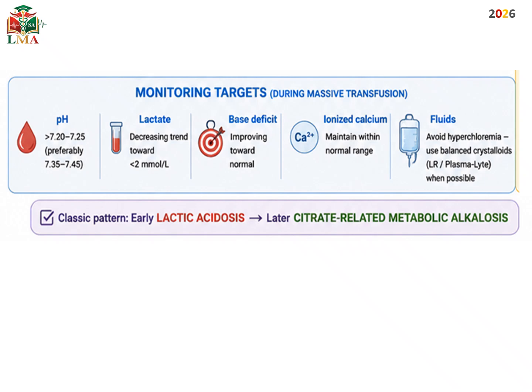Ionized calcium should be watched for any sign of hypocalcemia or hyperkalemia. To avoid hyperchloremia, use balanced crystalloids like LR and Plasma-Lyte when possible. Classical pattern: early lactic acidosis, late citrate-related metabolic alkalosis.